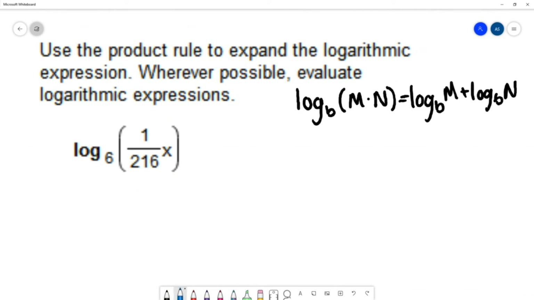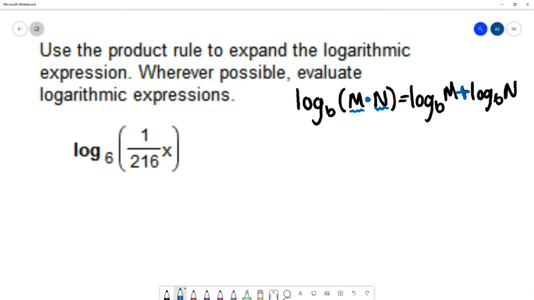It's called the product rule because we have a product inside the logarithm. And when you have a product, you want to expand with addition.